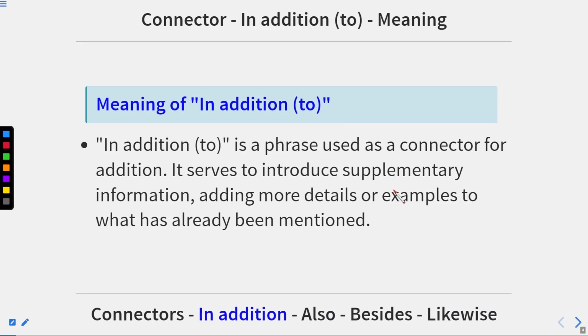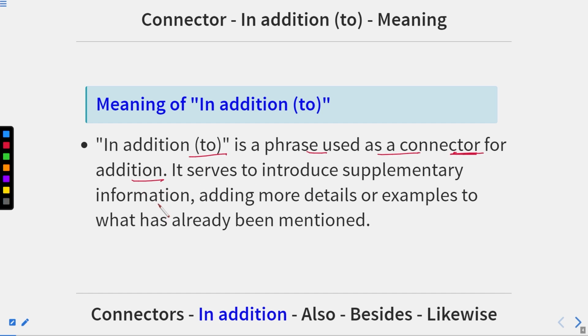First of all, we are going to discuss the meaning of in addition to. Here I'm telling you the meaning of the phrase in addition to, not in addition. So these are two different phrases that we are going to discuss in this session. In addition to is a phrase used as a connector for addition.